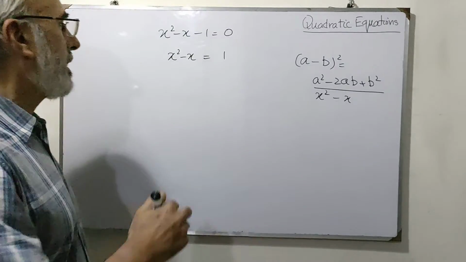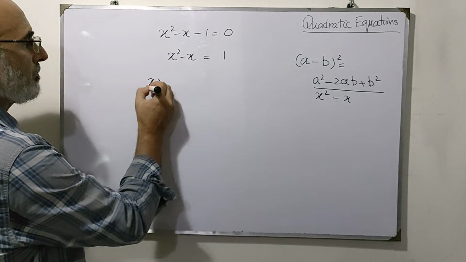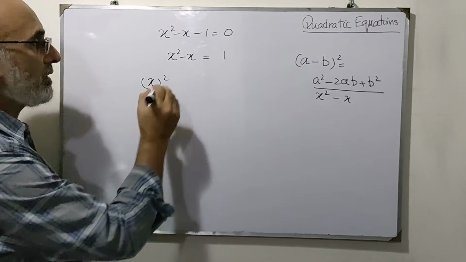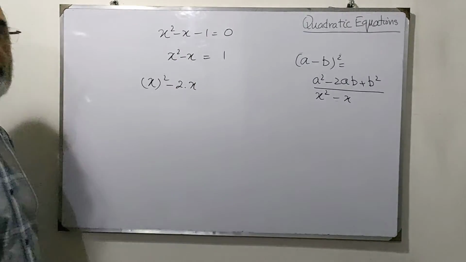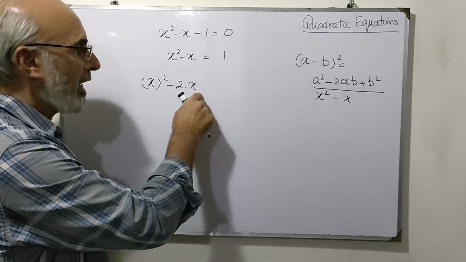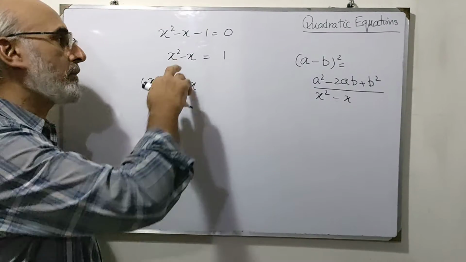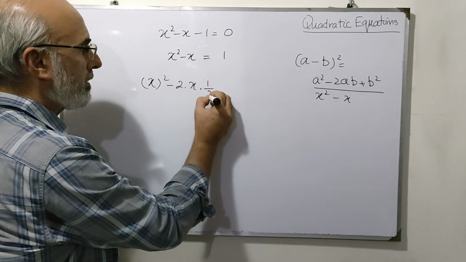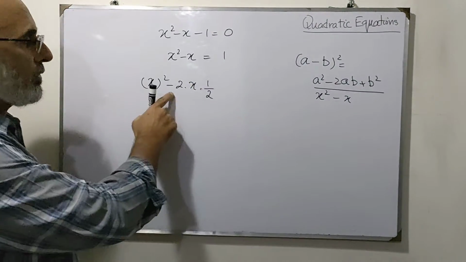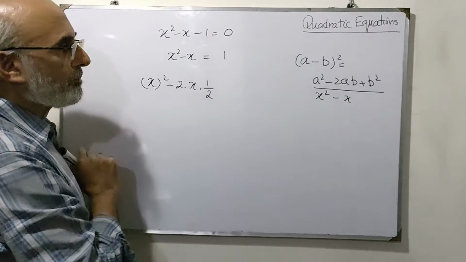Okay, so x square, this is already there, minus 2 into x, but we have here minus x. It means that I have to multiply it with something to get back this minus x, so into 1 over 2. Okay, so this thing becomes minus x.